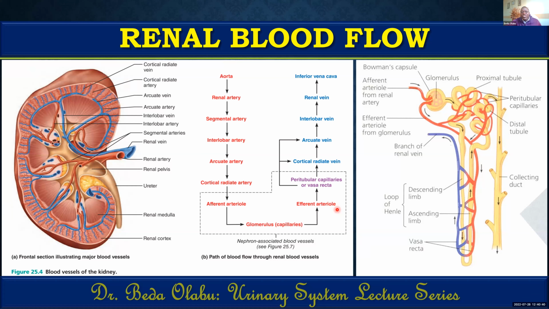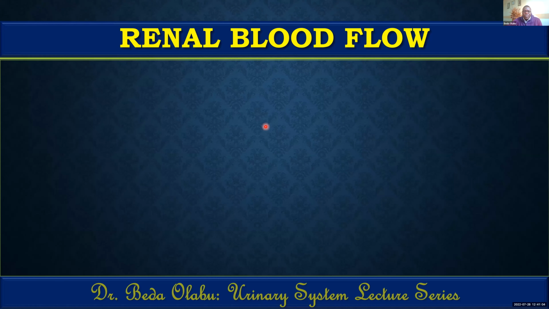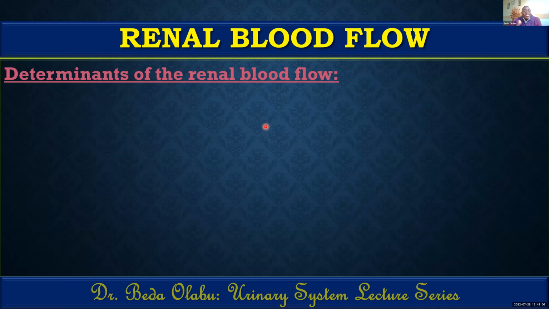The most elaborate of the portal systems is the hepatic portal system, the vascular connection between the capillaries within the wall of the GIT and that of the spleen with the capillaries within the liver, joined by the hepatic portal vein. All right, so this is the renal blood flow. Maybe let's just say something about it. There are some factors that determine the amount of blood that flows through the kidney.